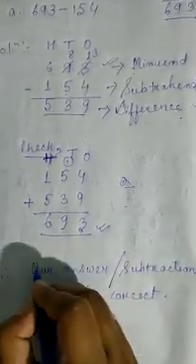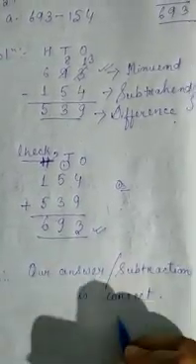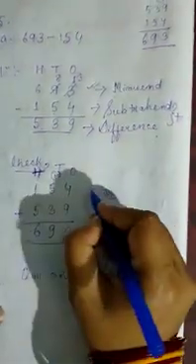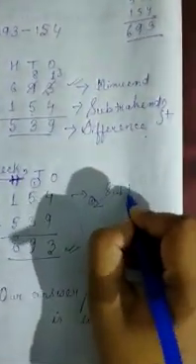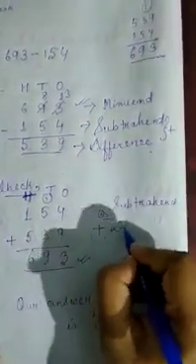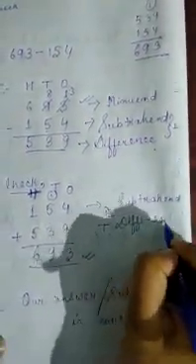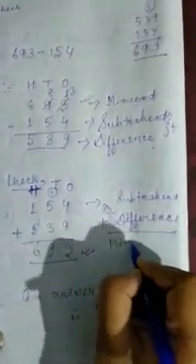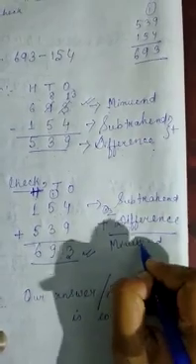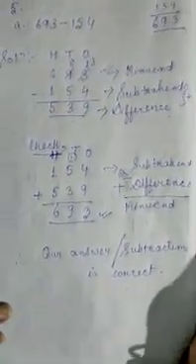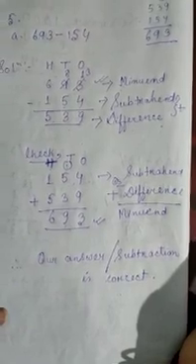Is it clear? It means this is the subtrahend, we have added it with the difference, and after adding, whatever answer has come is the minuend. Is it clear, students? I hope you have understood.